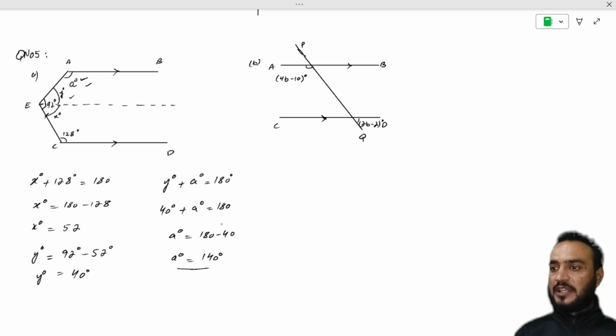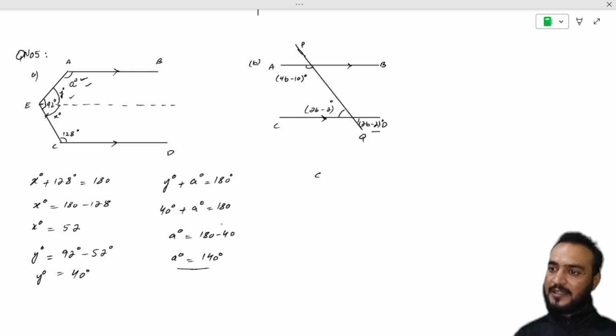Now what to do with these two angles in part B, 4b minus 10, and this angle which is lying exterior, and this angle which is the interior angle, 4b minus 10 degree. So you can see that this angle 2b minus 2 degree and this angle also is 2b minus 2 degree, because these are vertically opposite angles.